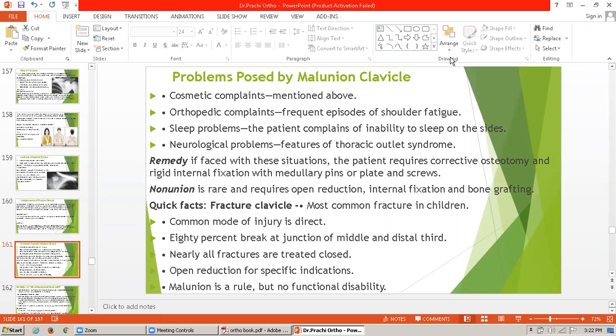The remedy when faced with these situations: the patient requires corrective osteotomy and rigid internal fixation with medullary pin or plate and screw.